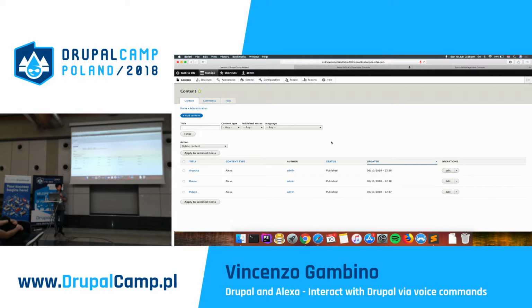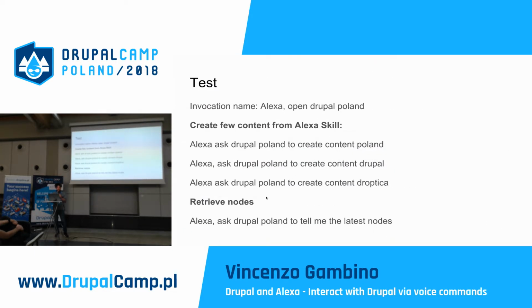Okay, now we have 3 contents on our site, and as you see, we just used the Alexa skill. We created the function to process the request, and then we send it to Drupal like to the default endpoint for creating content. Now the last test is to retrieve the content that we have created. So we will ask Drupal Poland to tell me the latest node.